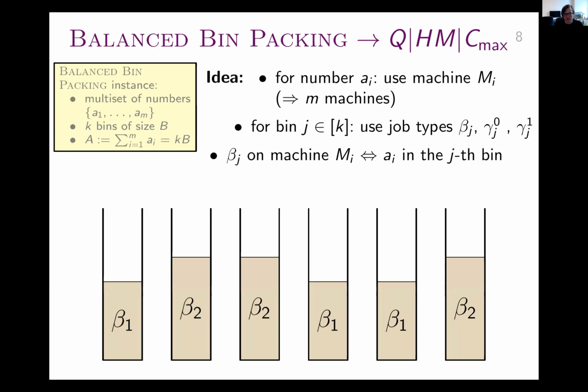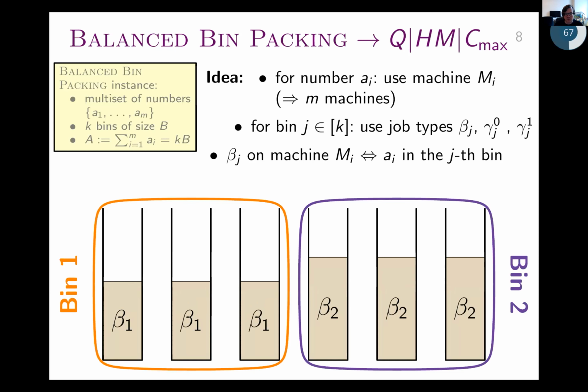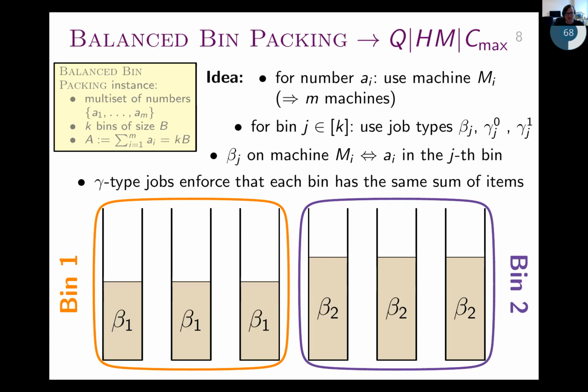So this means that the machines where we schedule the job of type beta 1, those correspond to the items which should go to bin number 1. And then these gamma type jobs enforce that each bin has exactly the same number of items and the same sum of items, the same capacity.